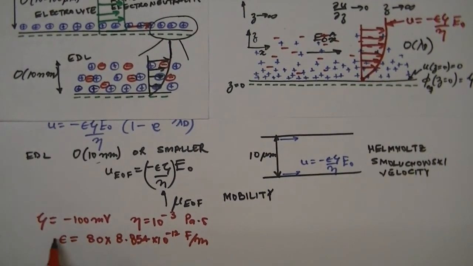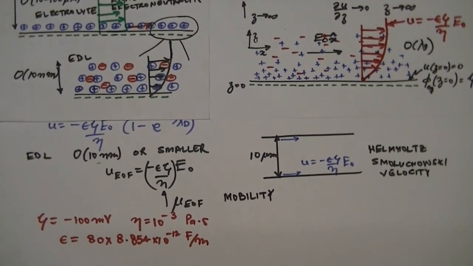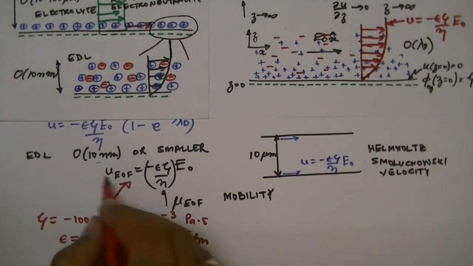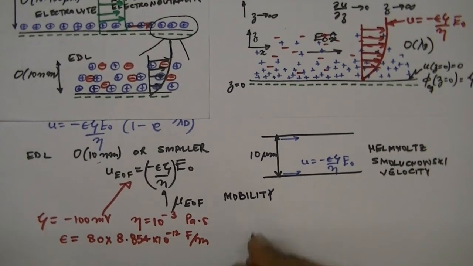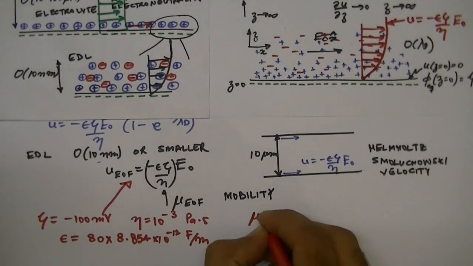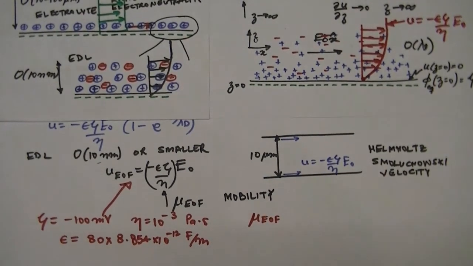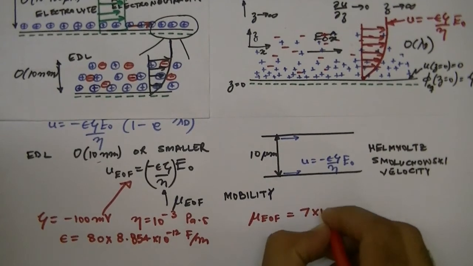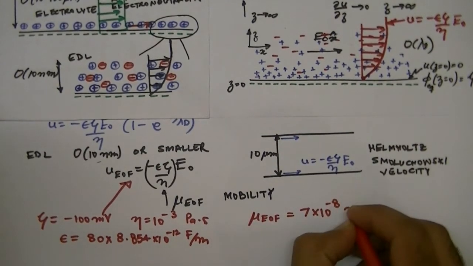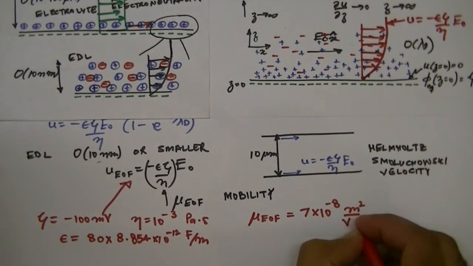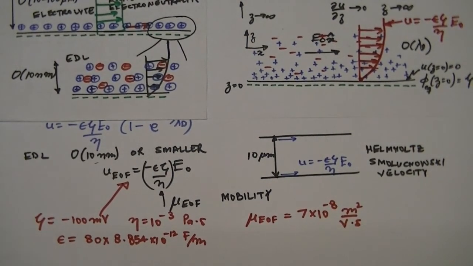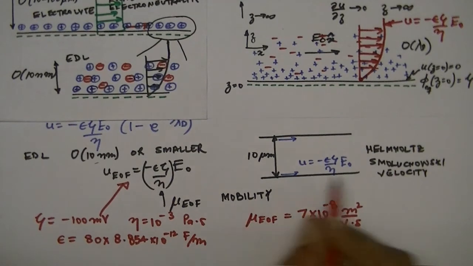If you plug these values into this relation, we'll see that the electro-osmotic mobility is about 7 times 10 to the power minus 8 meter squared per volt second. Now this is the mobility.